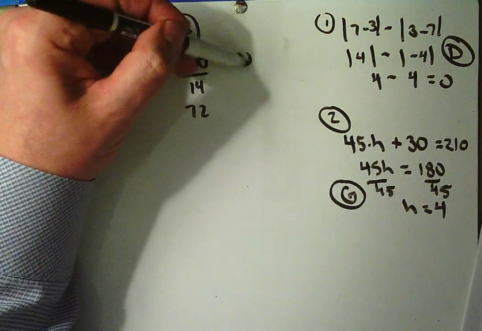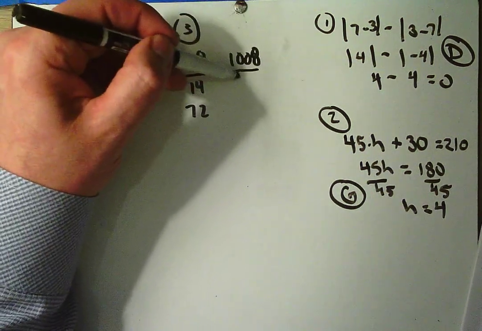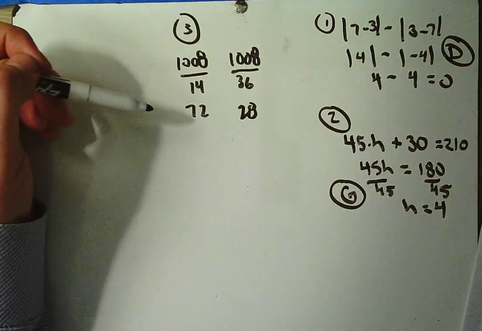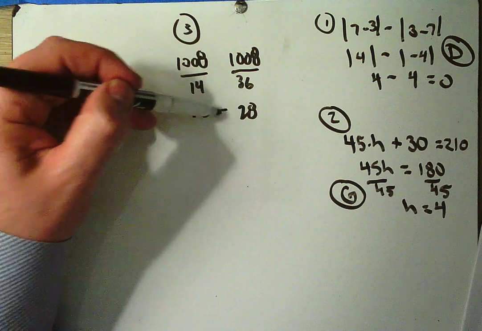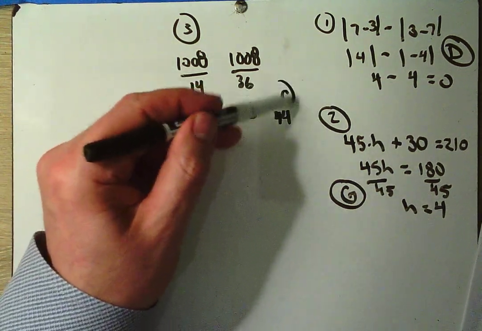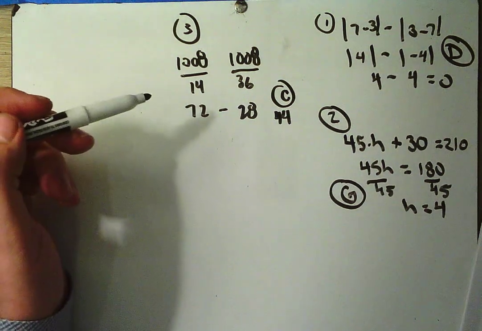And if it's 1,008 miles and they get 36 miles per gallon, that's only 28 gallons. And the difference between those is 44 gallons, and that's why C is the choice for me.